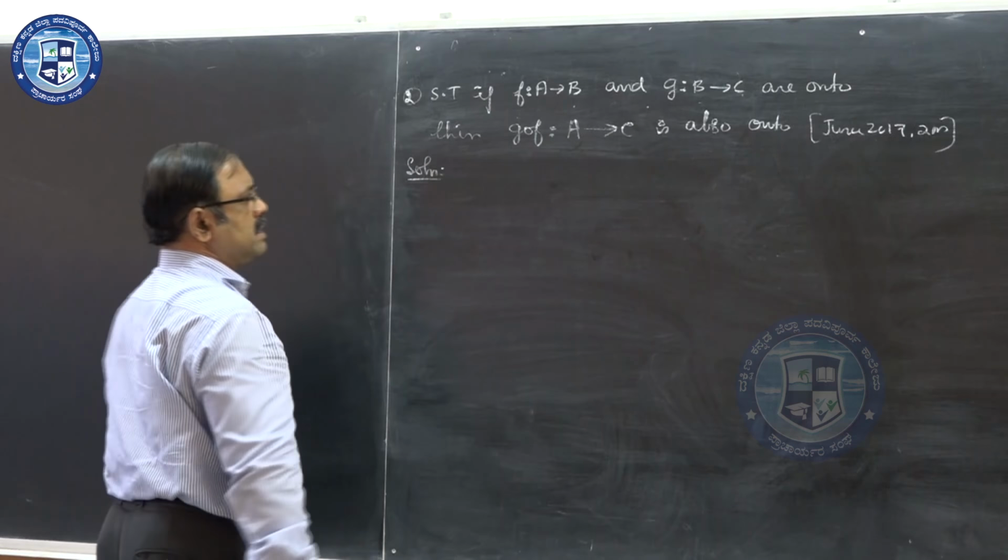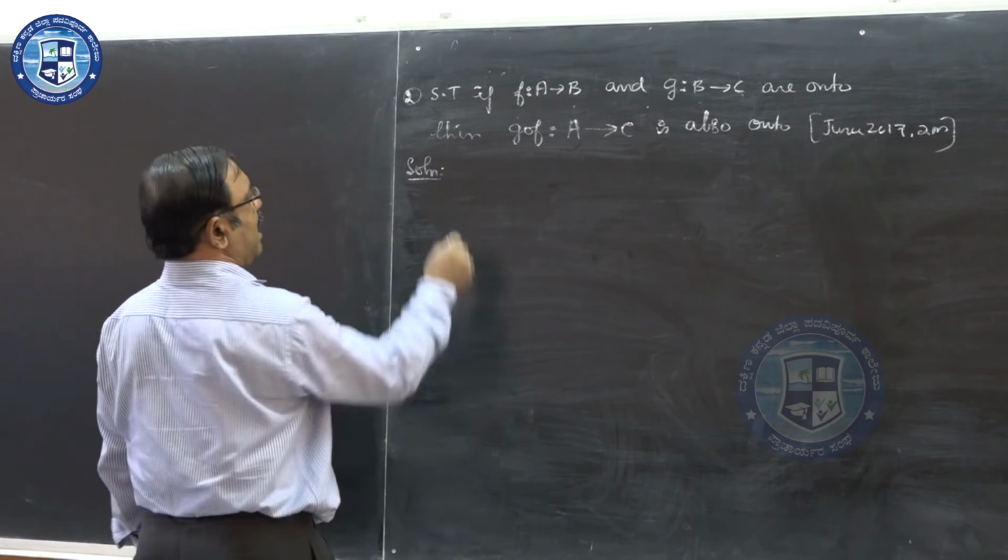Now see, we have f from A to B is onto if for y belonging to B there exists x belonging to A such that f of x is equal to y.